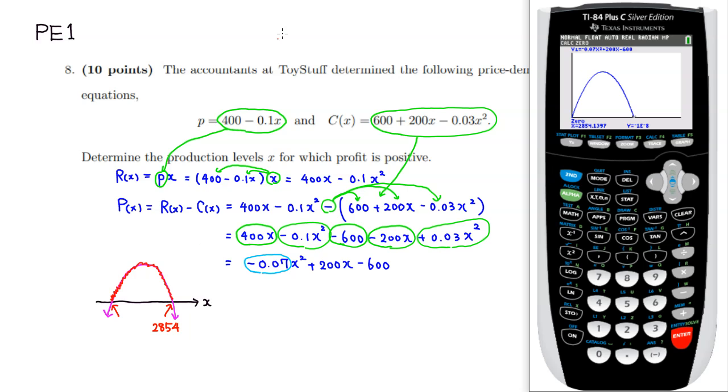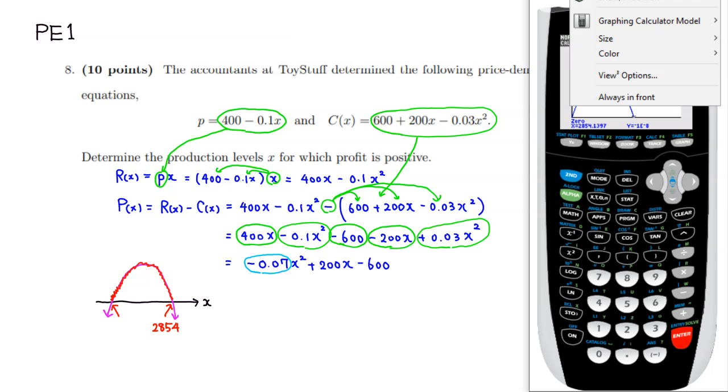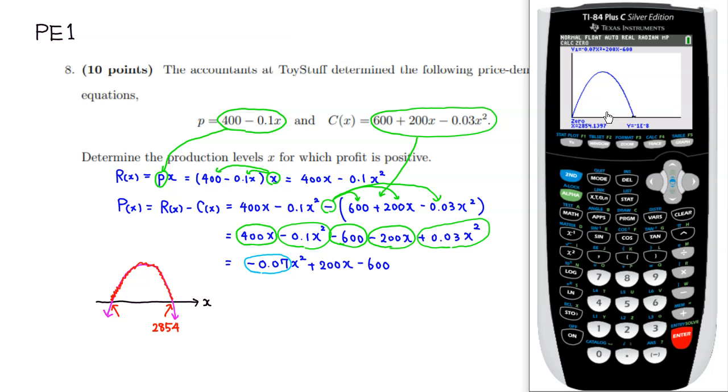How about the other one? Let's find the other one. We do second trace again and find the zero. Left bound, we're going to have to go all the way, so that's going to take a while. I might be able to just type in the number.